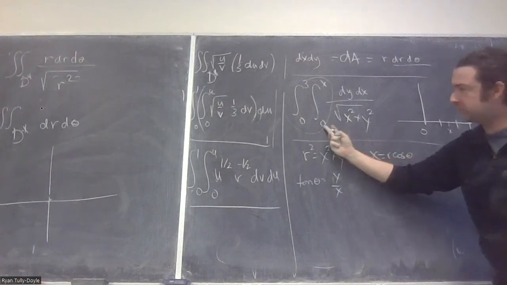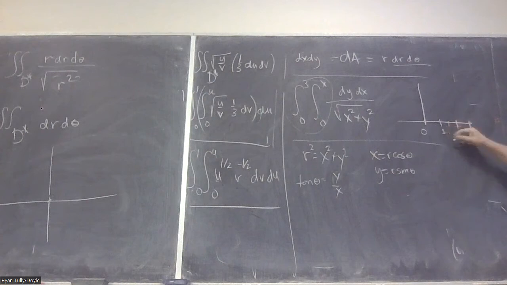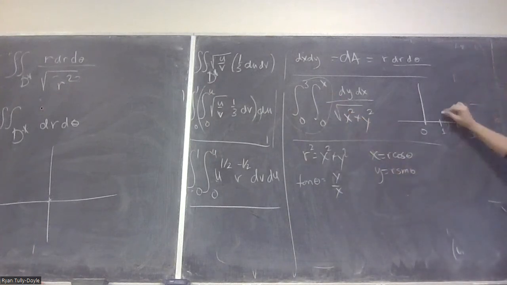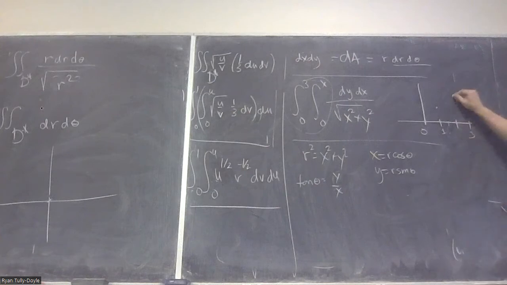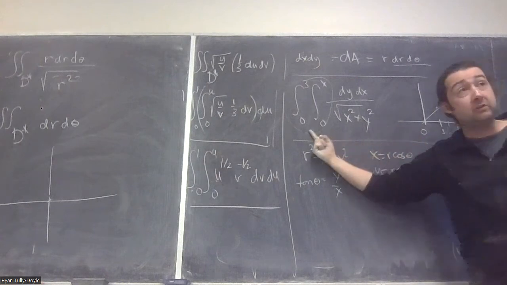If you were at x equal to 1, what y values would you travel through? From 0 to 1. If you were at 2, what y values would you travel through? 0 to 2. Oh, okay. It's a triangle that has y equals x on this side. And then the outside, the x values go from 0 to 3. What this is telling you, this is the hard part of these questions, is reconstructing the domain of integration from the limits that you see here.